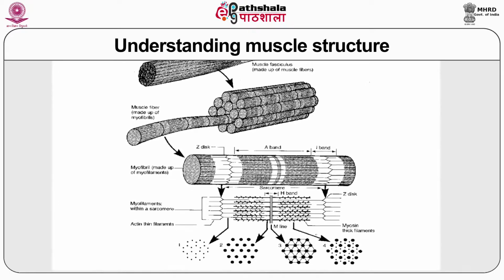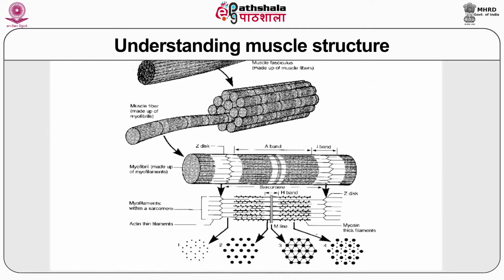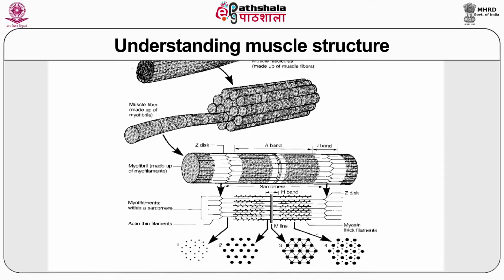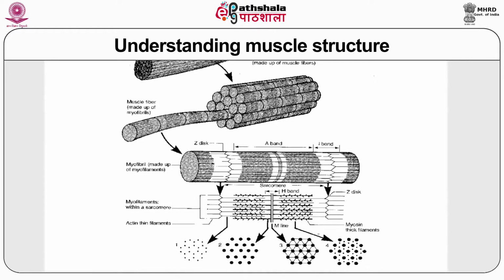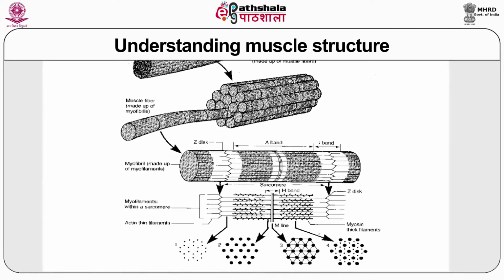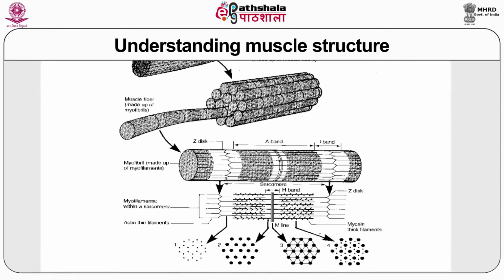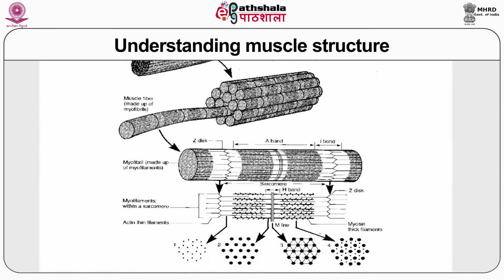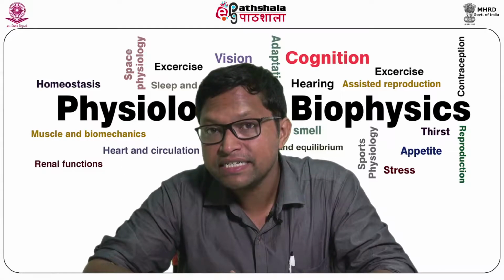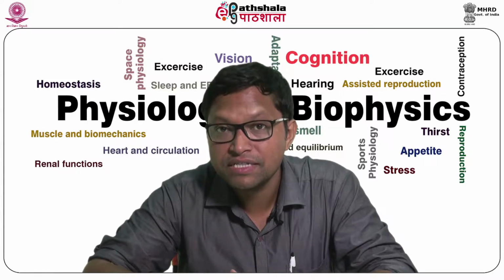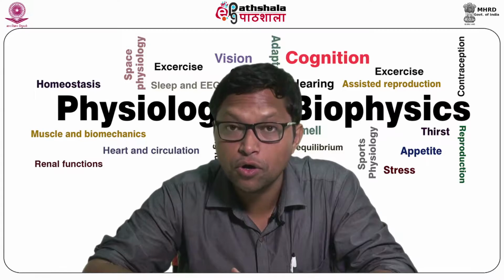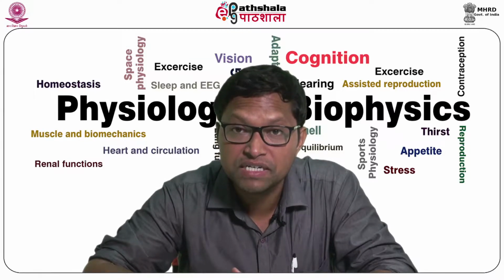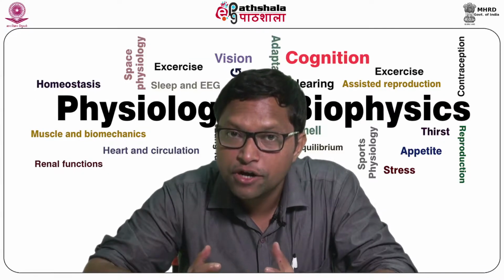It gives a striped appearance under the light microscope. Each myofibril consists of a thick filament called myosin and a thin filament called actin.